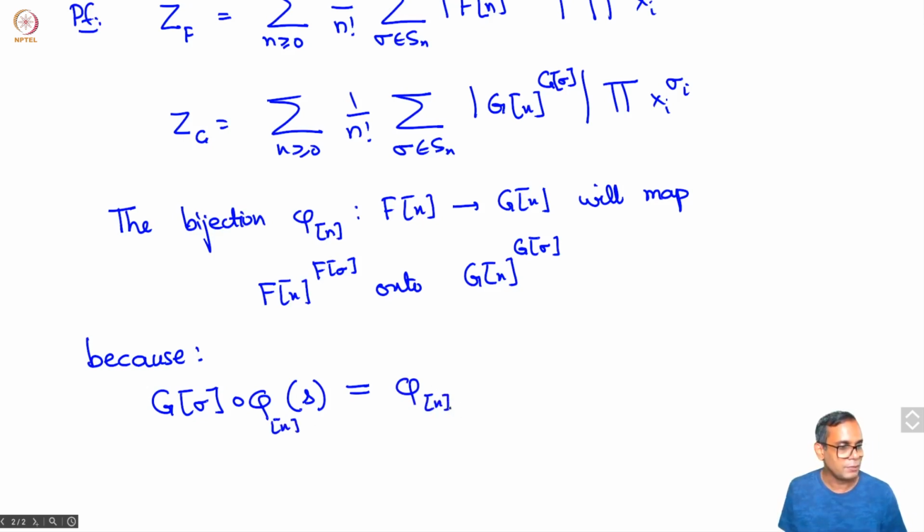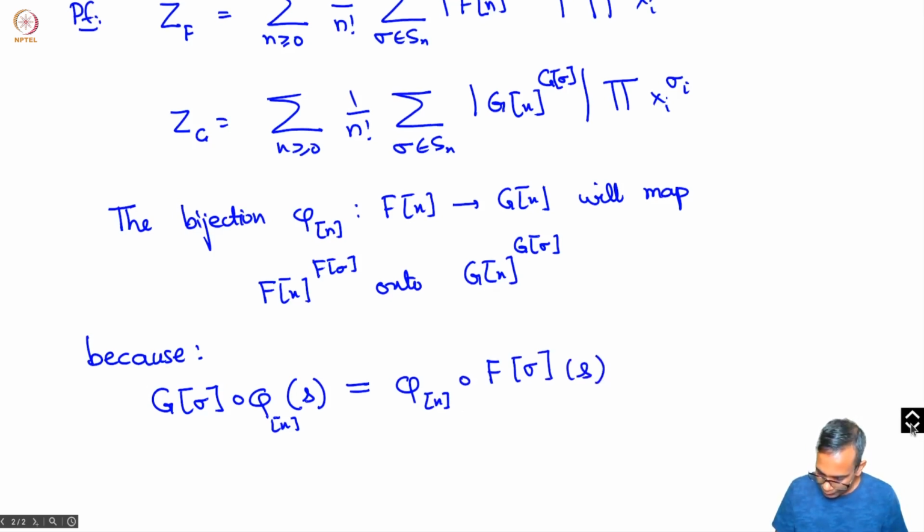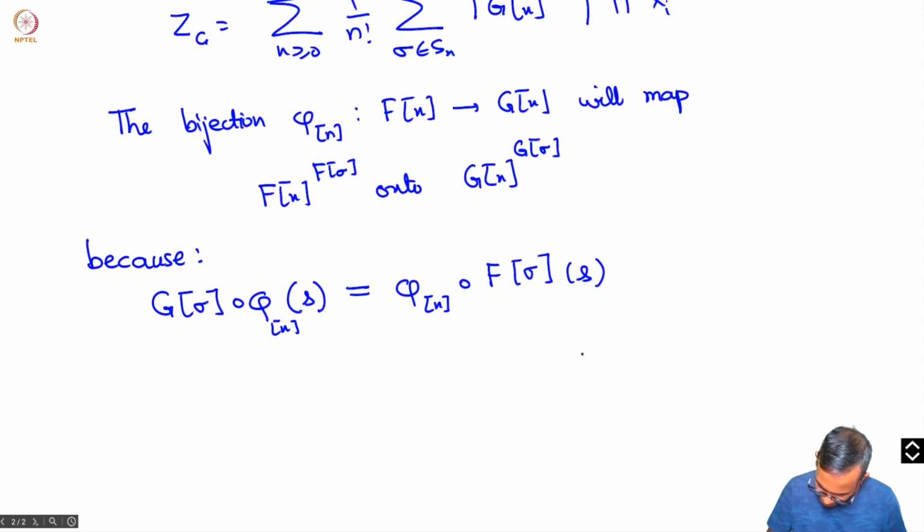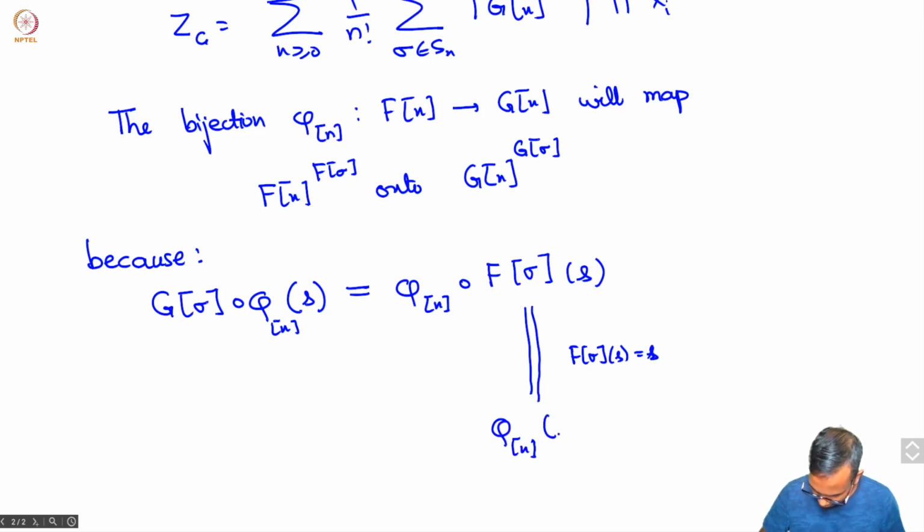So it's again phi n, v is also n, circle F sigma of S. And if S is a fixed point of F sigma, so F sigma S is equal to S, under this condition this is equal to just phi n of F sigma S is equal to S, this is just phi n of S. And so what we have is G sigma of phi n of S is equal to phi n of S. So this means that phi n of S is a fixed point of G sigma.